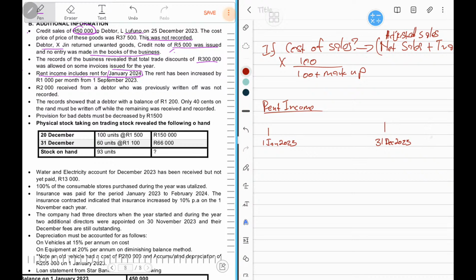So we're going to say January 2024. Now if you notice something, January 2024, it's outside our financial year. So it means that from the 1st of September up until January, the monthly rent has been increasing by 1,000 per month. So it means we have to find the number of months of those ones.